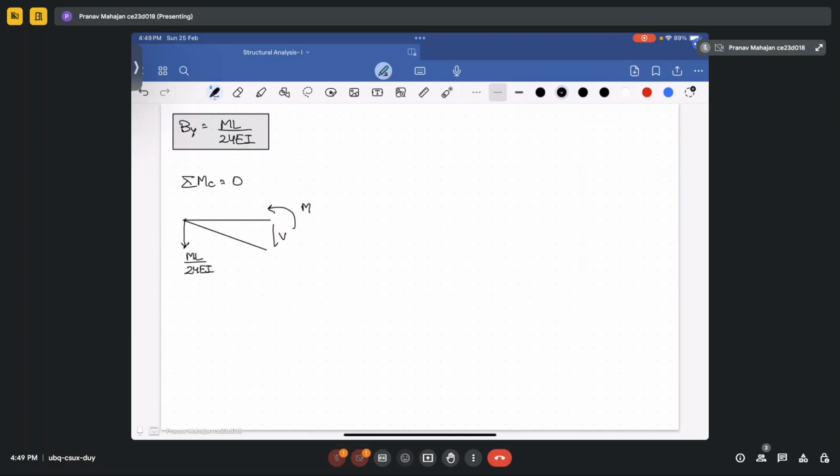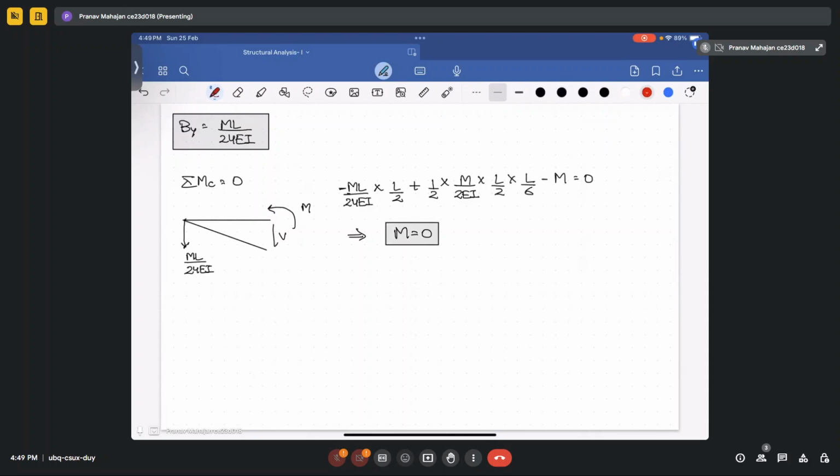So your equation for bending moment will become ML upon 24 EI into L by 2 plus 1 by 2 into M upon 2 EI into L by 2. This is your area multiplied by L by 6. That will be the distance minus M equal to 0. So solve this, you will get M equal to 0.